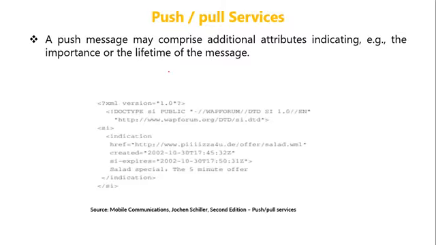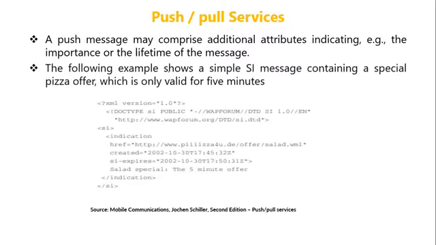So here is an example. A push message may comprise additional attributes indicating the importance or the lifetime of the message. Here is the following example which shows a simple SI message.